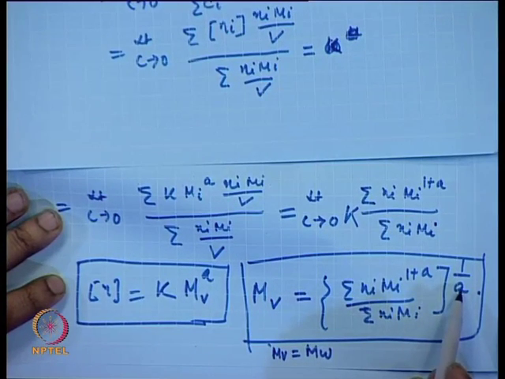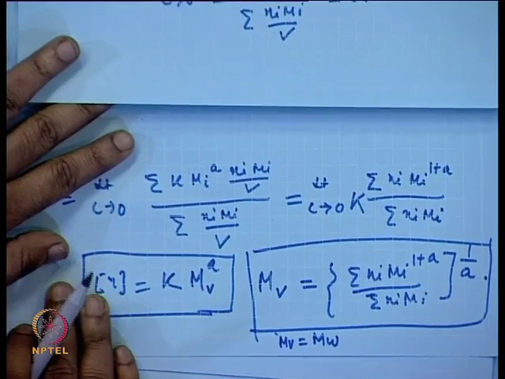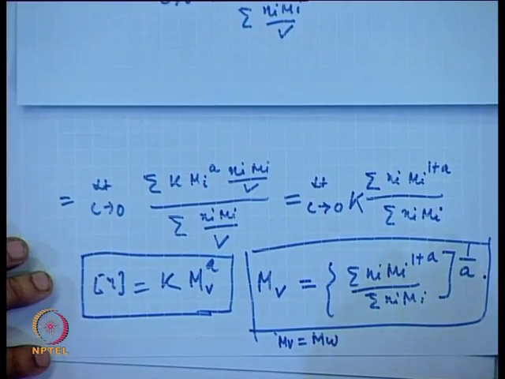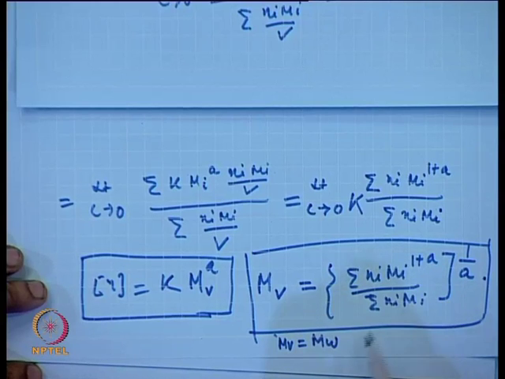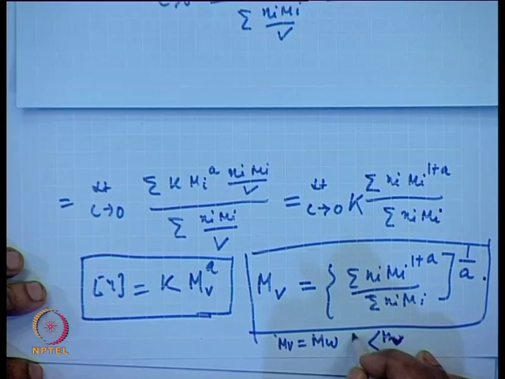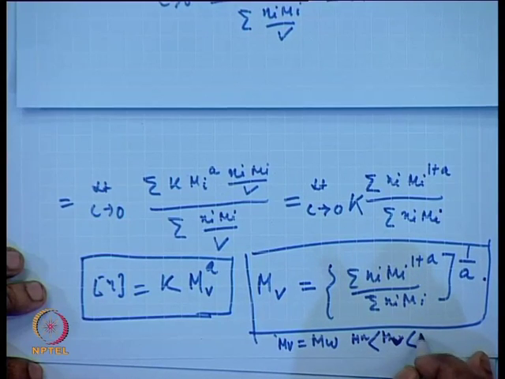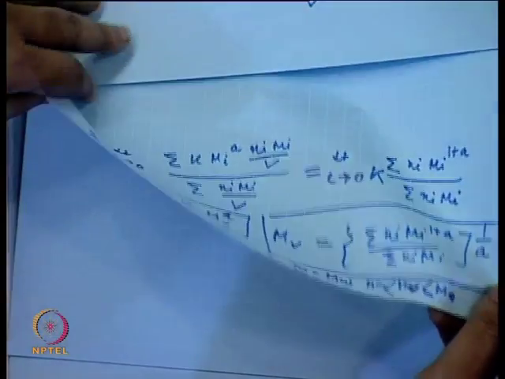If a is 1, it will be the summation of N i M i squared by N i M i, which equals M_w. As the a value lies between 0.5 and 0.8, M_v would be more than M_n and less than M_w. Let me write on a fresh paper.